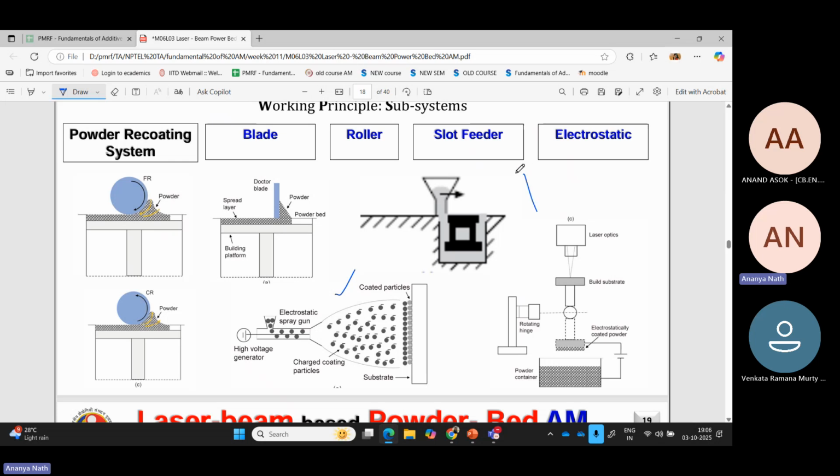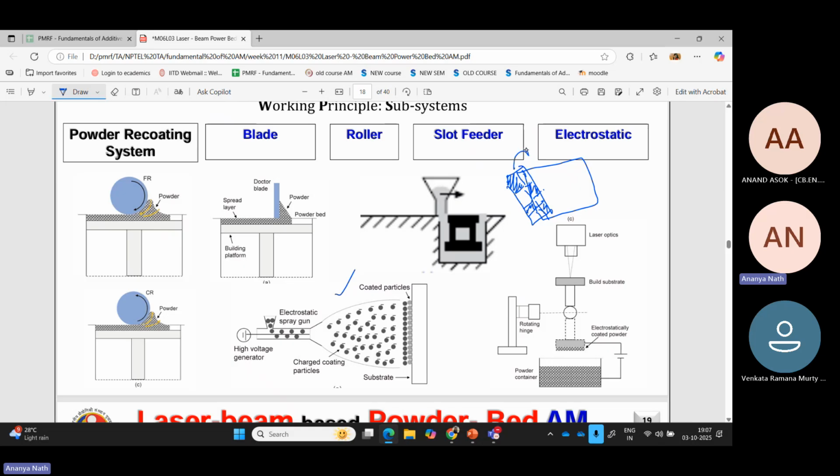For example, just imagine you have a build plate here, and then your recoater blade is moving. Your recoater blade is a big roller, and your roller has a differently charged portion at different locations, and depending upon that, you have attracted different powders.